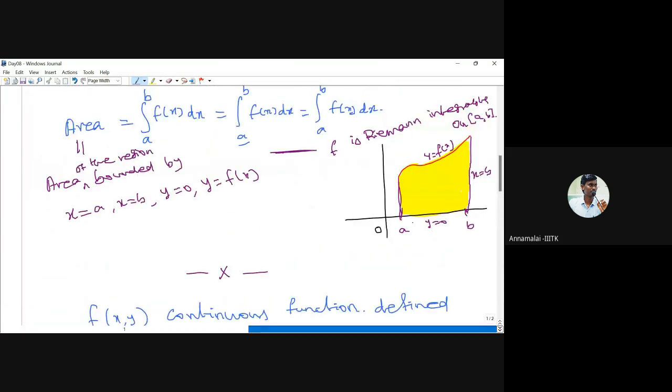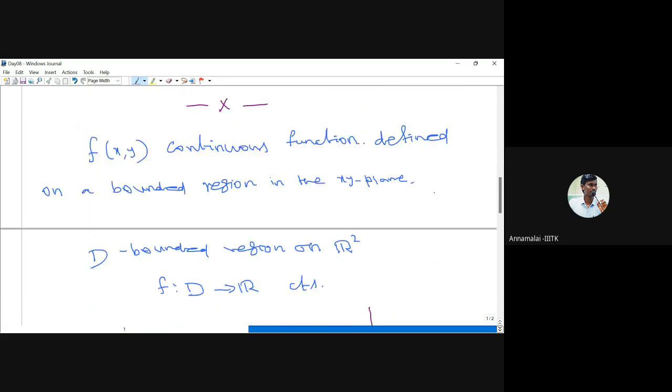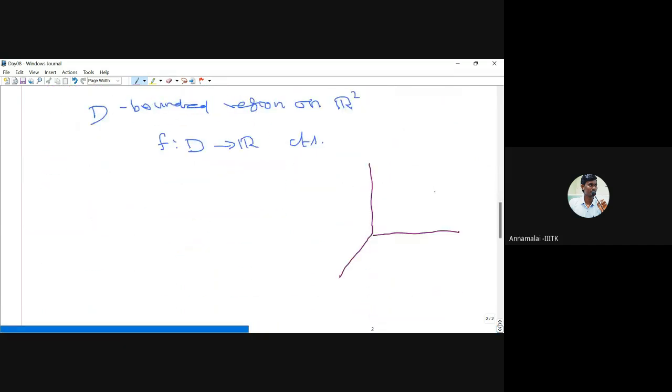If you take the closed interval a comma b in the x-axis, then for each point we have a graph. Similarly, but here the domain is the xy plane. So maybe this is x and this is y, and this is z. Suppose D is somewhere. So this is our domain D.